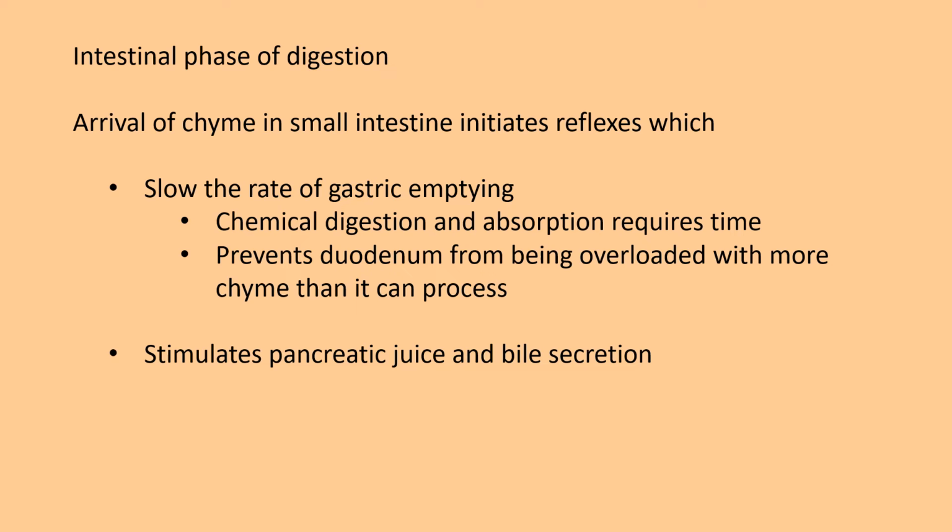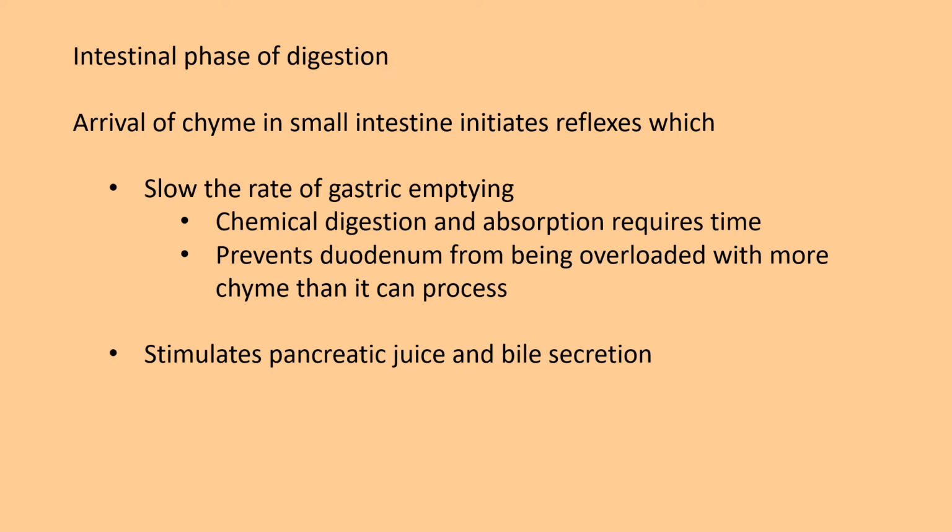In order to completely chemically digest the food material, we need lots of enzymes and we need lots of time. And in order to adequately absorb the resulting smaller molecular building blocks that we call nutrients, that requires time and a mixing of the chyme, and the chyme has to come in contact with those absorptive cells of the intestinal epithelium.